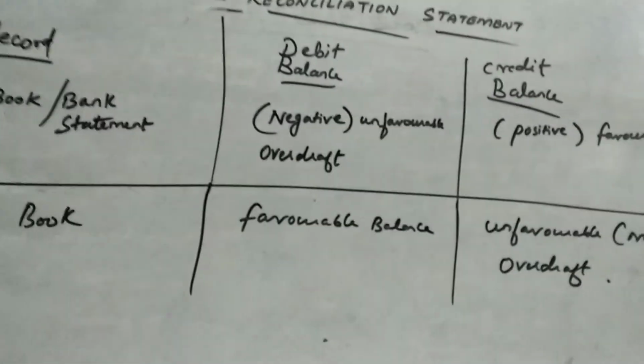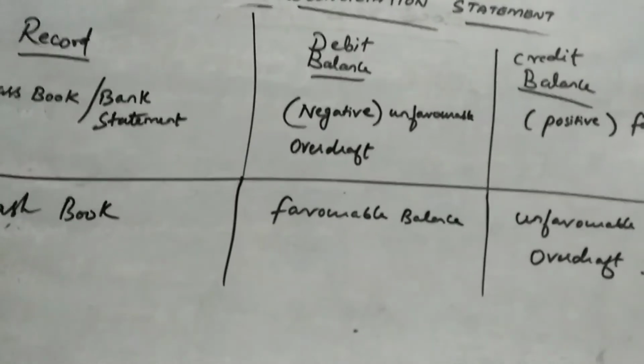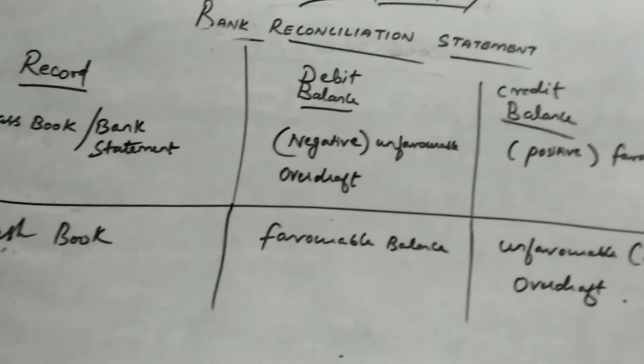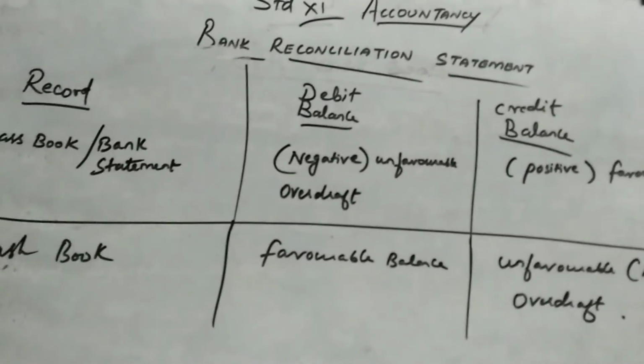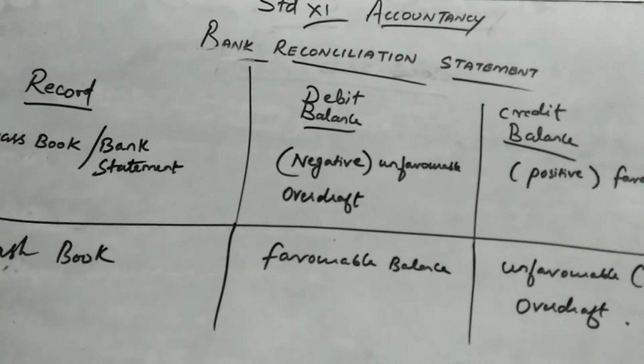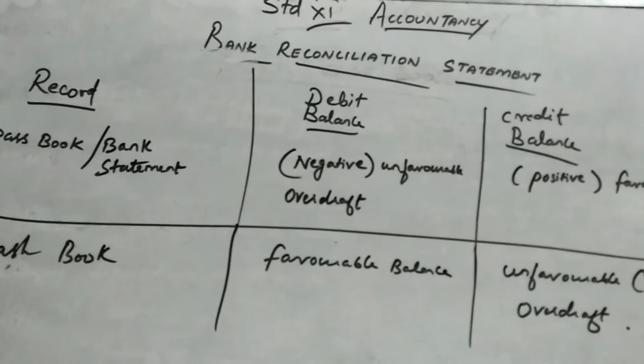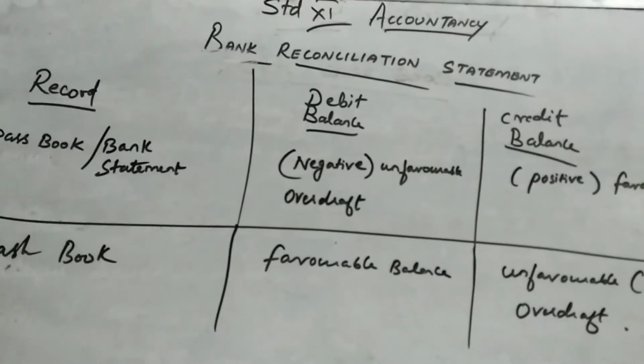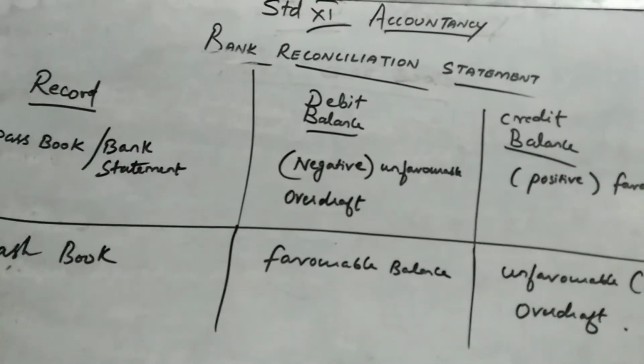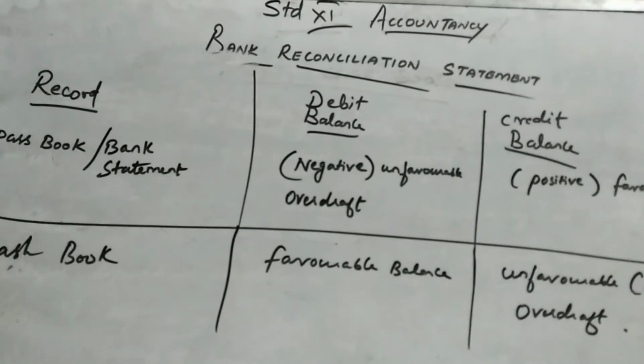As I told you, in case of passbook, all the deposits will be credited, withdrawals will be debited. If there are more withdrawals than your account balance, then it ends up in a negative, unfavorable balance.